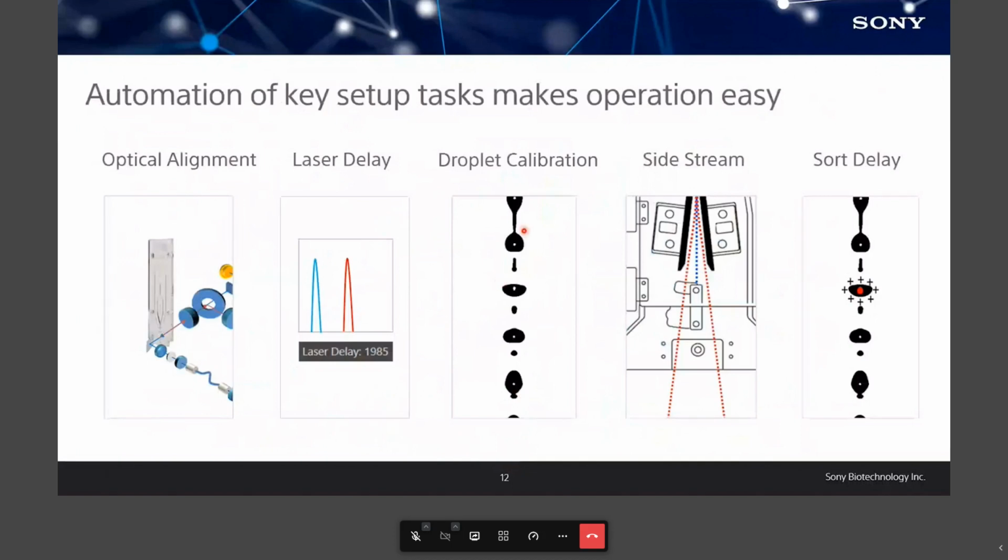You need to make sure that your droplets are calibrated properly so that you have a properly established break off, and then everything is nice and stable, and those droplets are going to be able to effectively carry your cells to their final destination. You also need to calibrate those side streams, right? So as those droplets are charged and deflected, we need to make sure that they're actually being caught in the proper location.